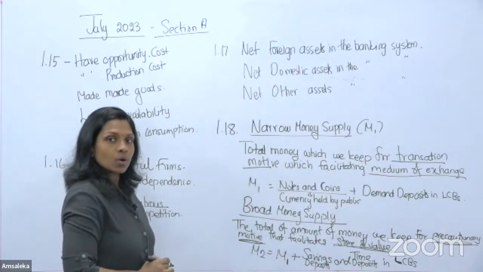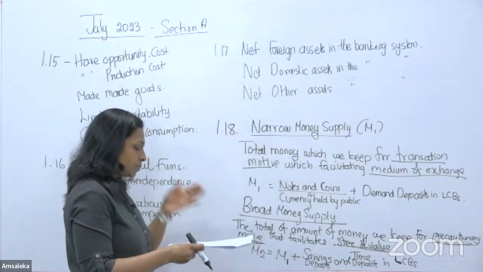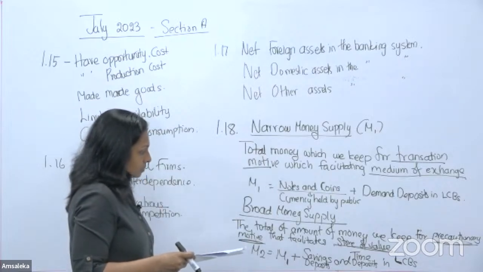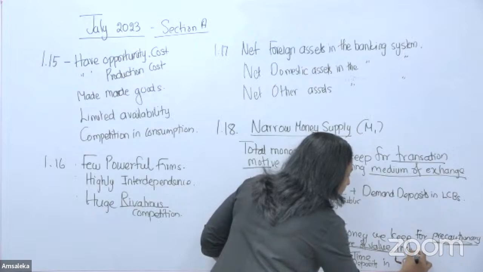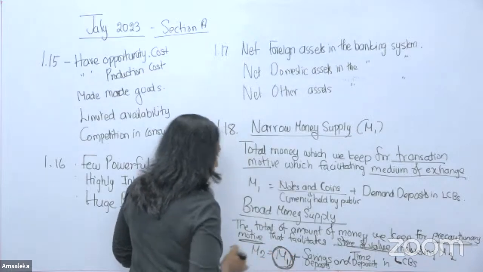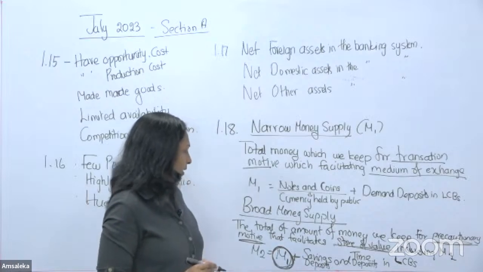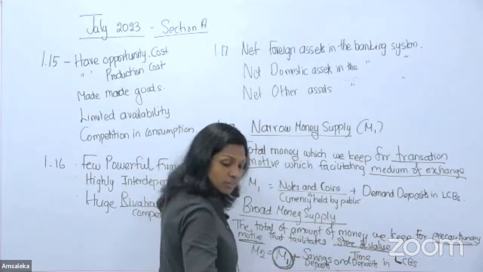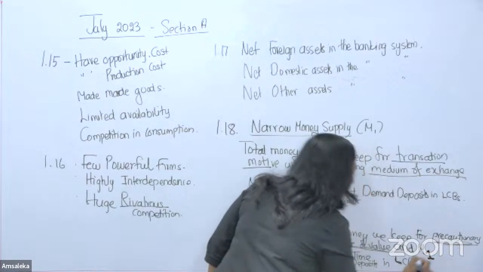Okay, so just go through. I did not mention M1 here. Saying including M1 may confuse you, because M1 is for the transaction motive, so better to say and M1.